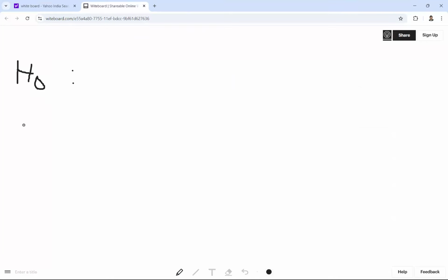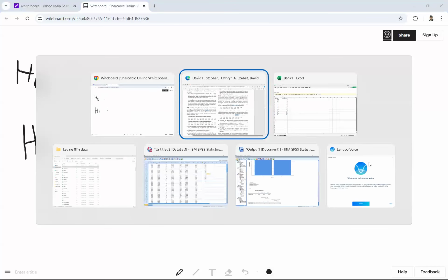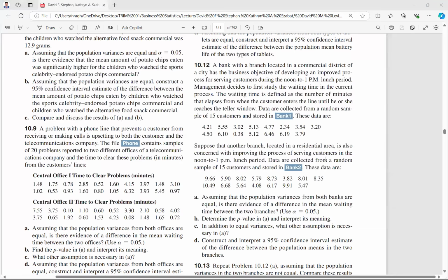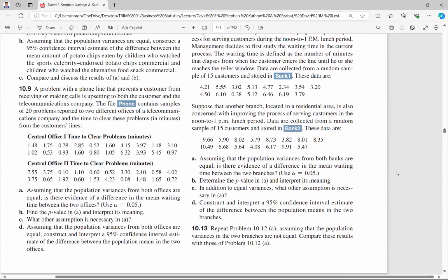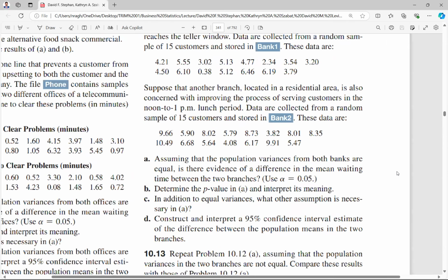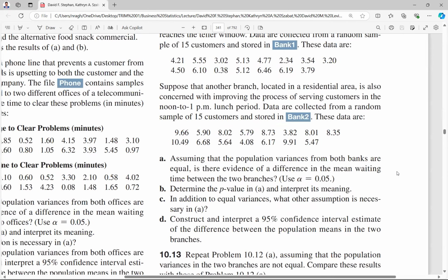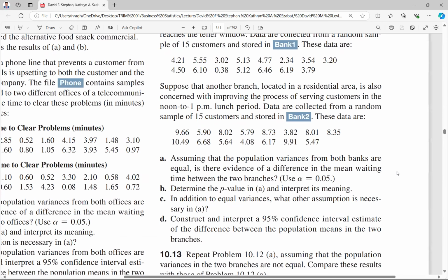What is the null hypothesis and what is the alternate hypothesis? Null hypothesis is there's a difference between the mean waiting time, and the alternate hypothesis is there's no difference between the mean waiting time between the two branches.